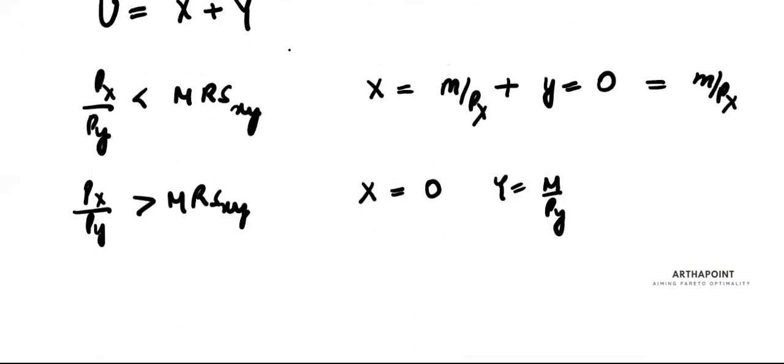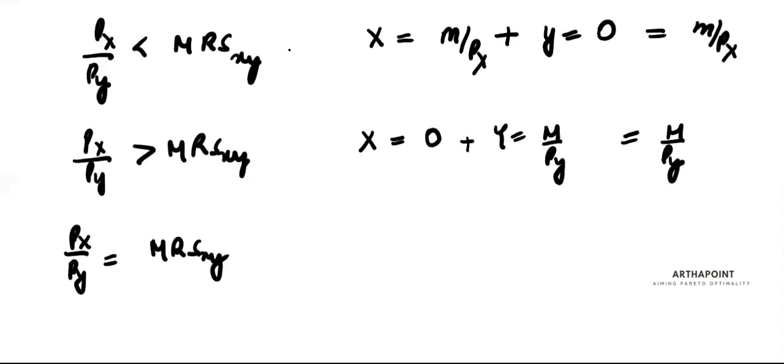So your utility, which is the sum of these two, will be simply M by Py. And then there is case 3, when Px by Py is equal to MRS XY.